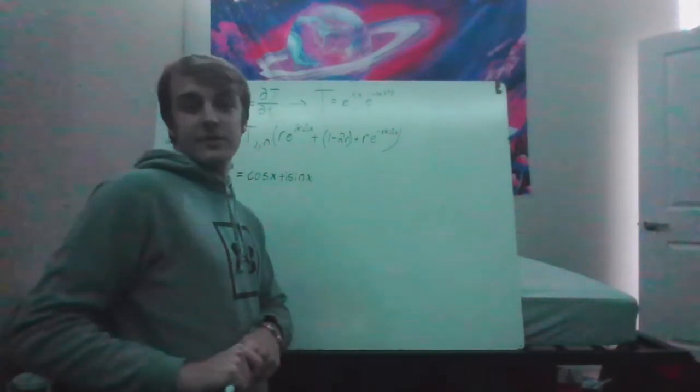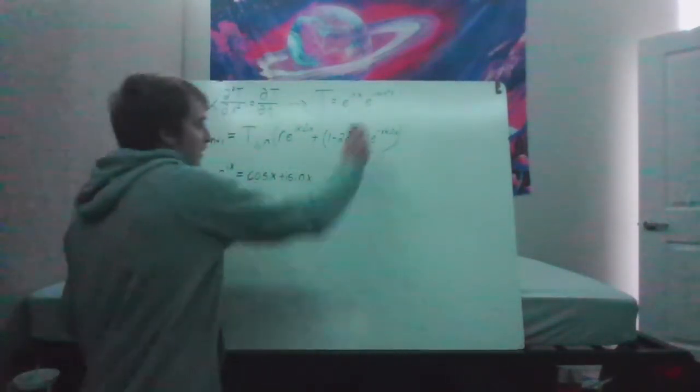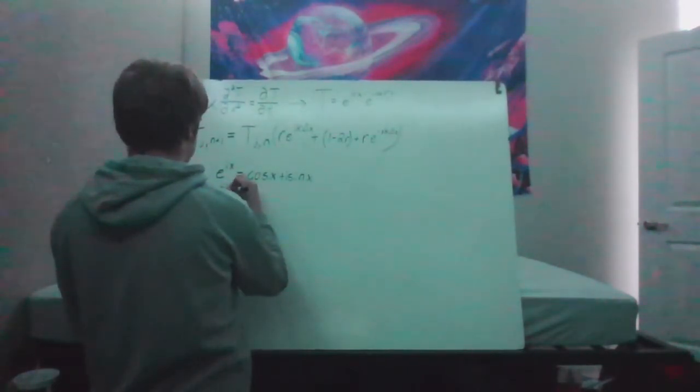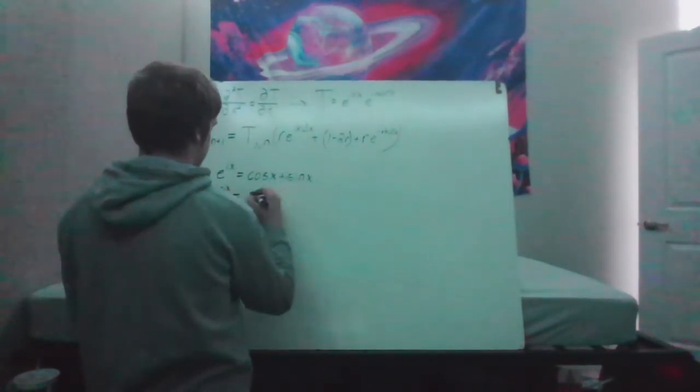And for our situation here, we also have the negative version of this, so e to the negative ix. And then what we can do is just flip this to a negative.